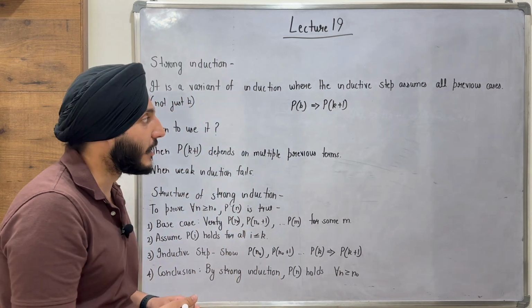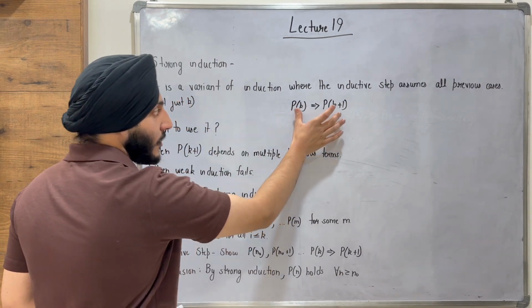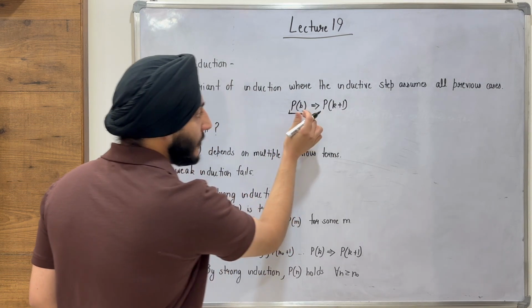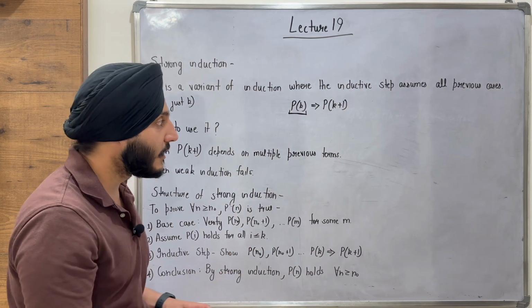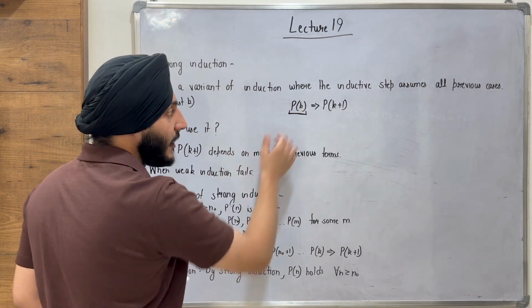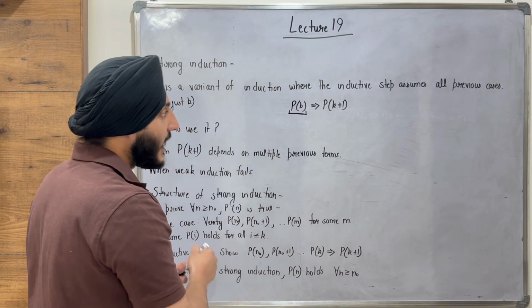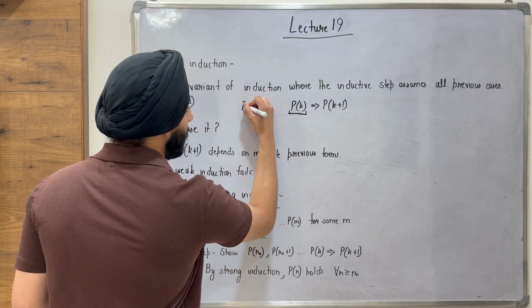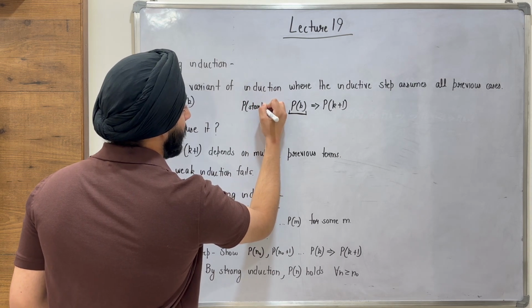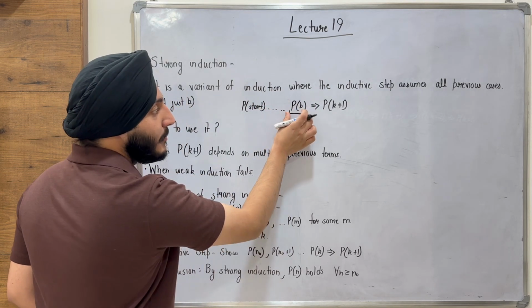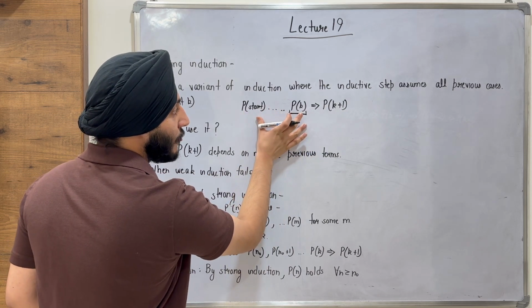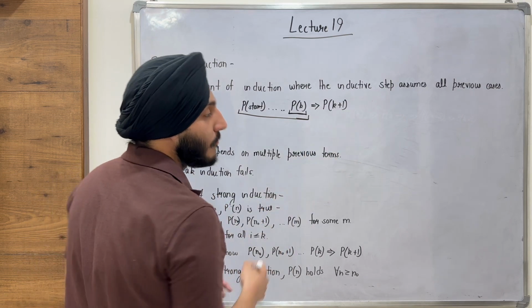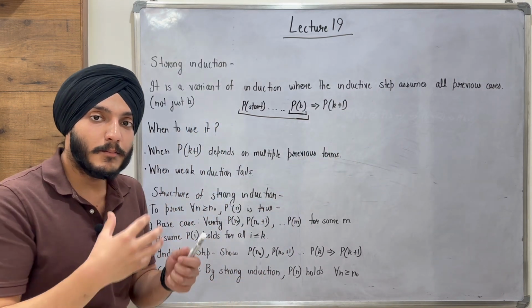This will create the domino effect. But for a lot of cases, just having one previous step assumption is not enough. So in strong induction, we assume everything up to Pk is true. From the starting element to the value Pk, we assume that all of these are true, and using this entire assumption, we try to prove P of k plus 1.